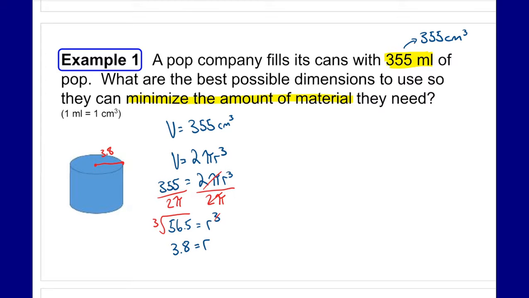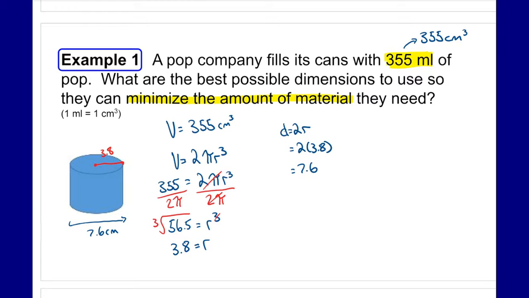Let's take a look at what the diameter would be, just to get a better sense. We know that the diameter is 2 times the radius. So 2 times 3.8 gives us 7.6. So we know the diameter is 7.6 centimeters.